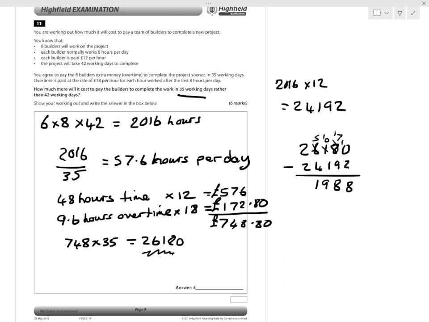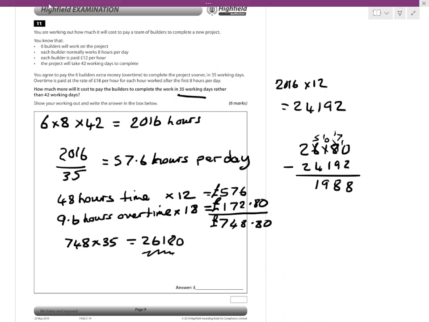So each day you're going to do 48 hours worth of work times £12. Each builder gets paid £12 an hour. So we've got 6 builders.